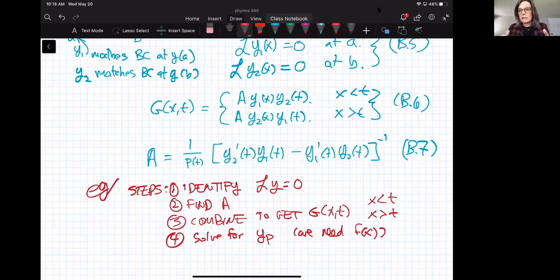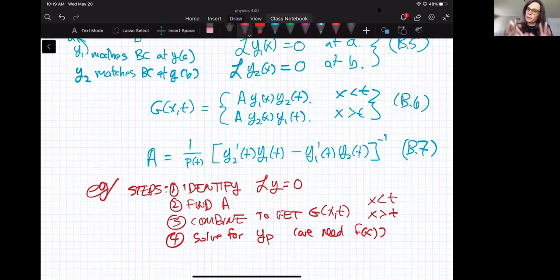As we'll see, the Green's function for the Laplace equation, Poisson's equation, in 1D, 2D, and 3D has a very specific form, and you can apply that to every single Poisson equation, no matter what f of x is equal to. Same thing for the Helmholtz, the modified Helmholtz, the wave equation, all of these partial differential equations.